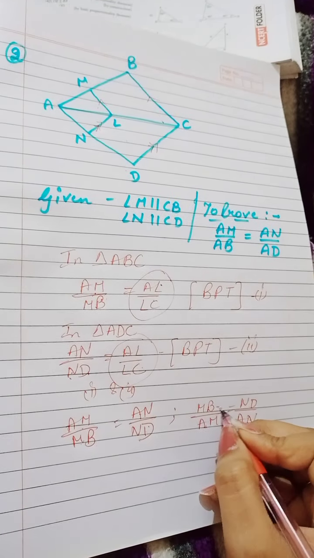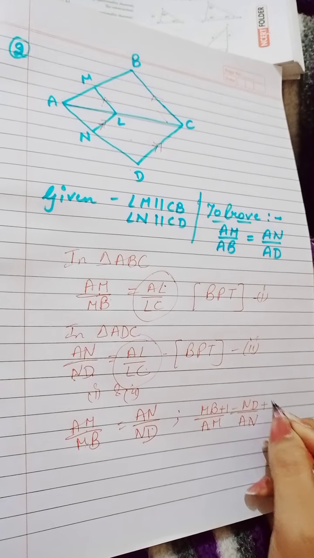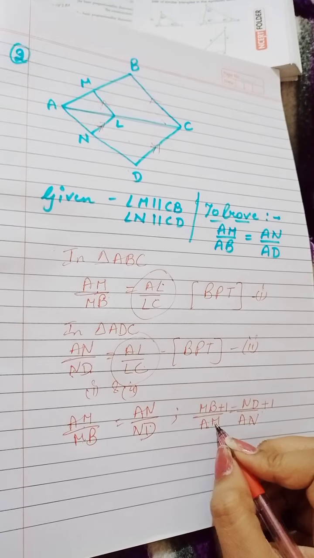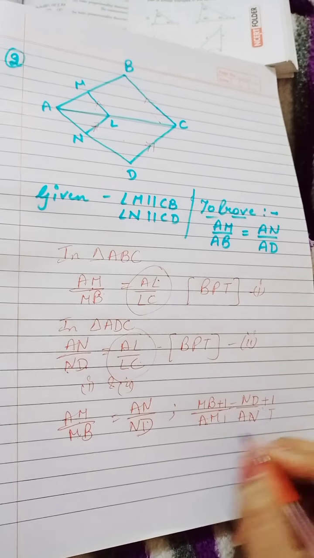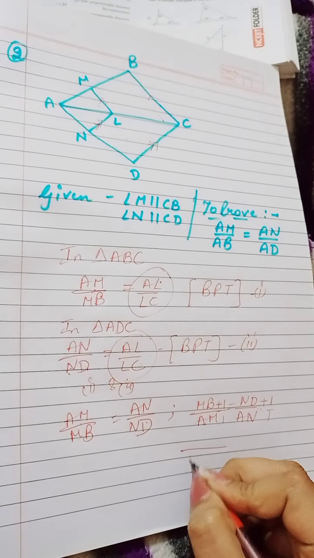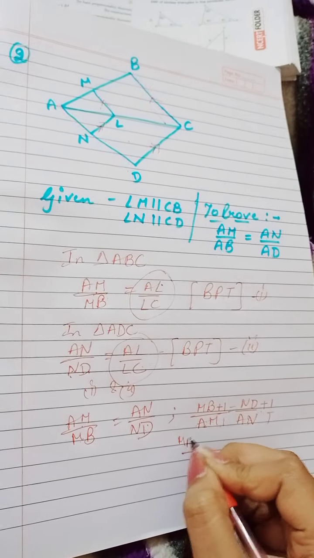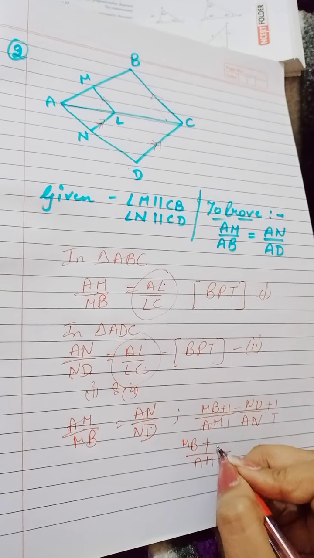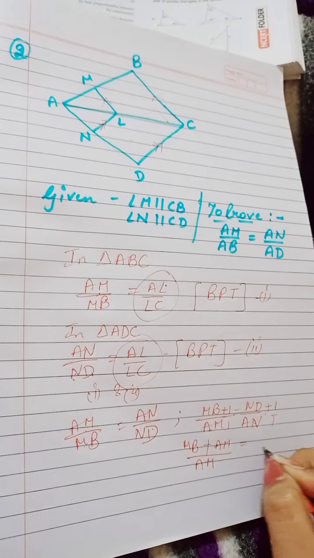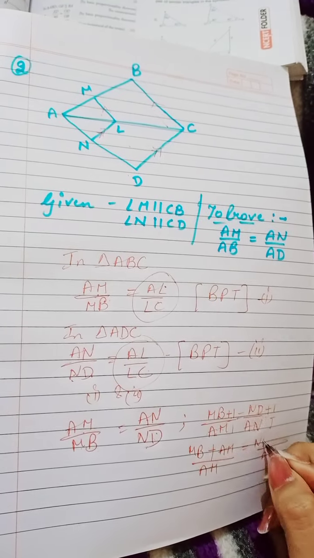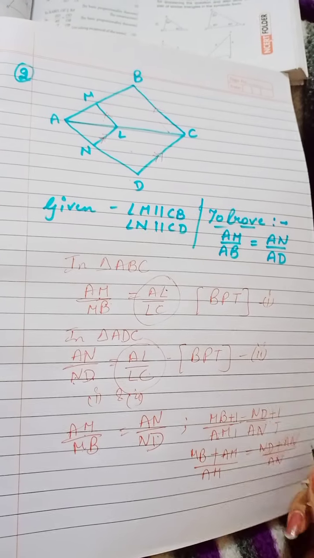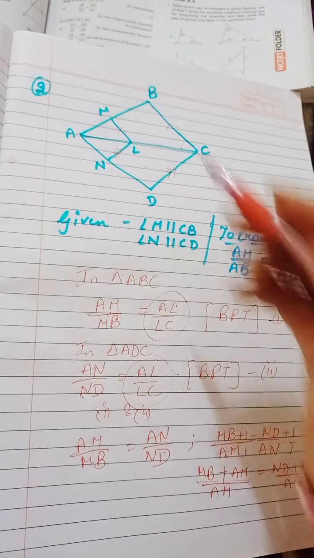Now you can add 1 to both the terms. Because I'm adding to both the terms, there will not be any problem. Now just take the LCM. AM and 1, LCM would be AM. MB plus AM, and on the other side ND plus AN, with AN as the LCM.